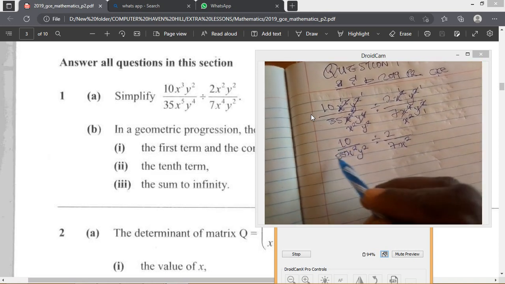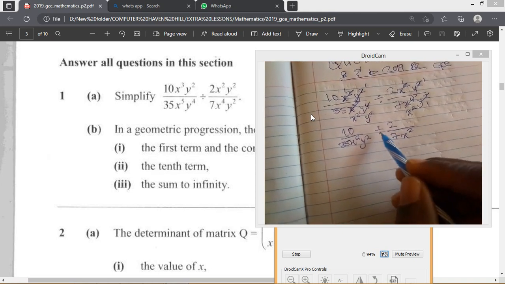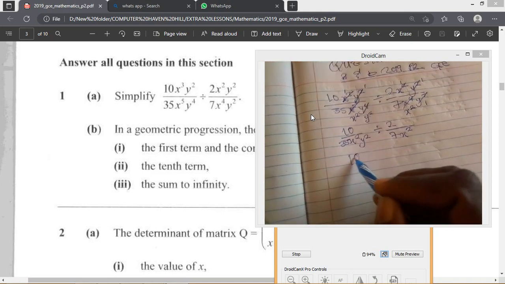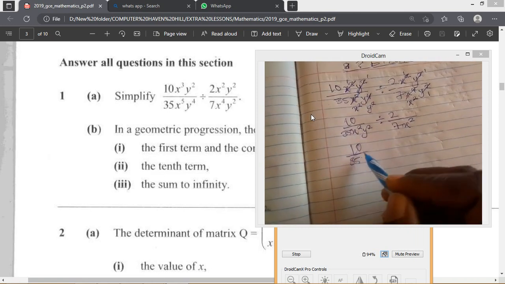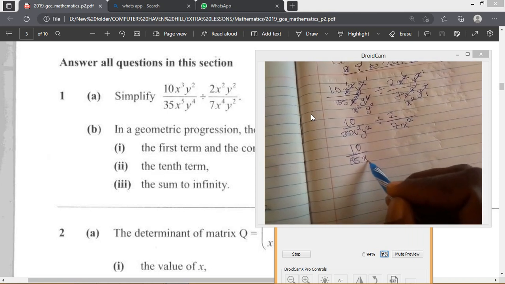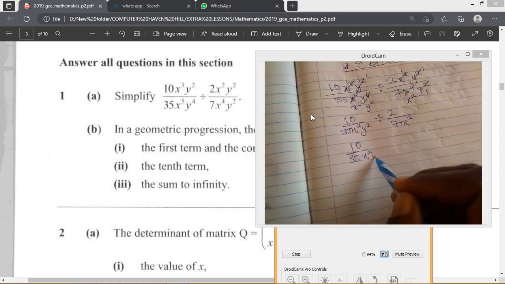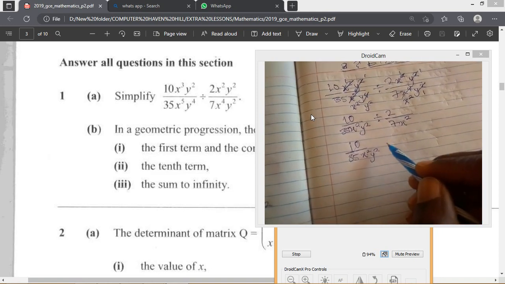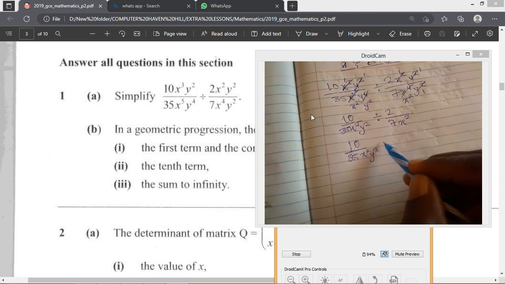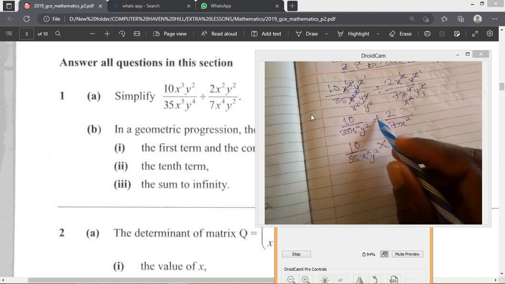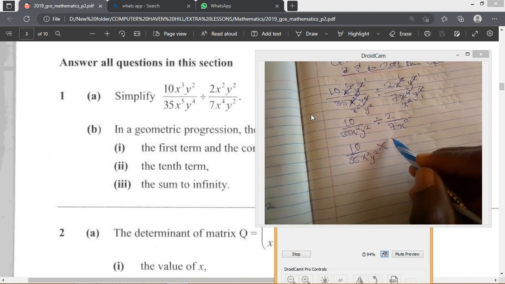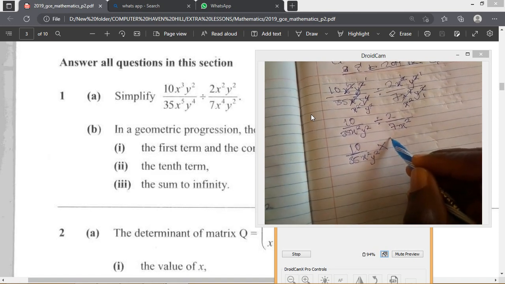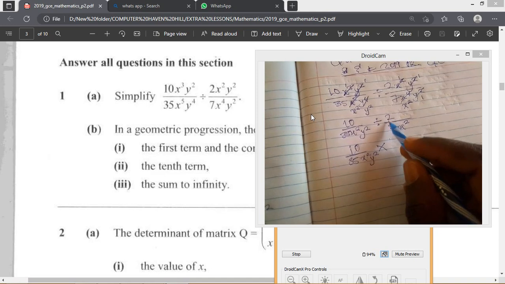So we say 10 over 35x^2y^2, times, because the division sign changes to multiplication, and after changing that, we reciprocate this.